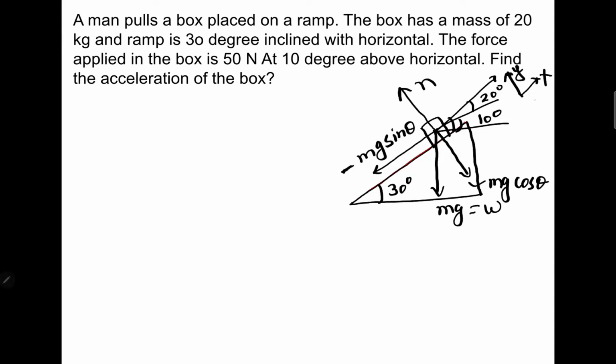Okay, so now what is the force applied by the boy? This is the force applied by the boy, F, right? What is this component? That is the base, right? If you complete the right angle triangle here, this is 20 degree, and this base is F cos theta, the component along the x-axis. The x-axis means along this surface, right?